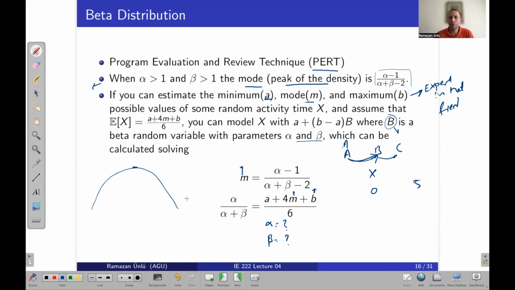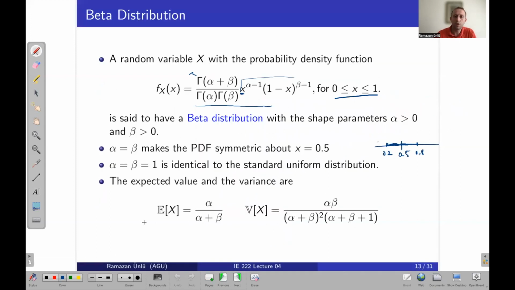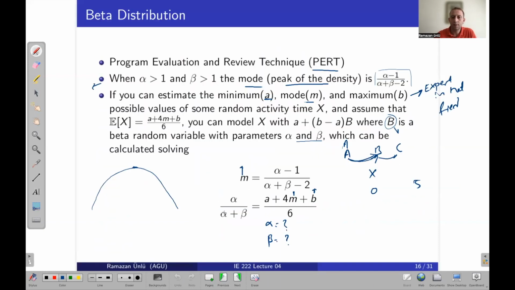And that is equal to the expected value of the beta distribution, the expected value of X. What is that? Remember that, which is alpha divided by (alpha plus beta). So that will be equal to this one. And here we have two unknowns, alpha and beta, and also we have two equations. So we can easily solve this one and we will find the alpha and beta.